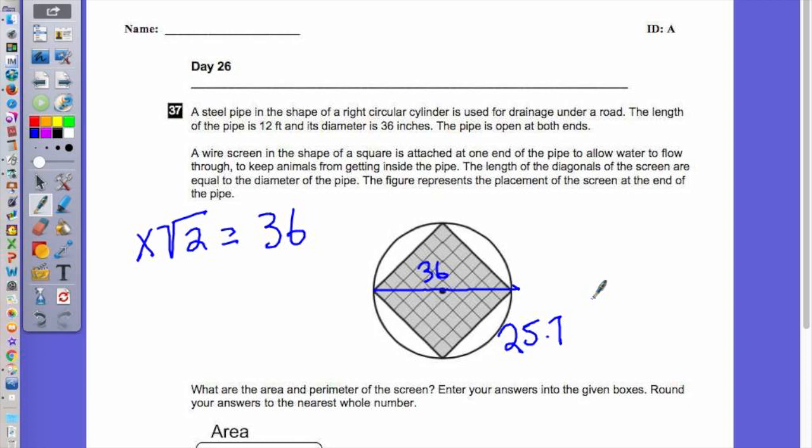Yeah, I did it a different way. Okay, what did you do, Jose Luis? What I'm doing is I'm finding the length of this is 25.7, right? And then 25.7 times 25.7 would give me the area.